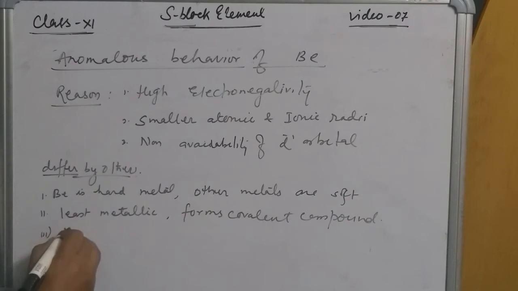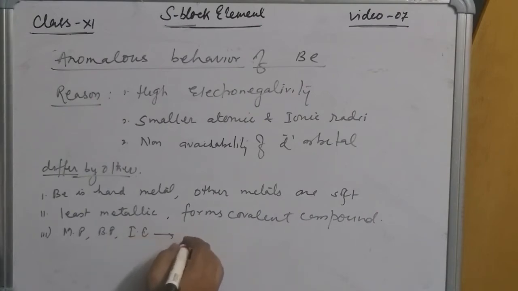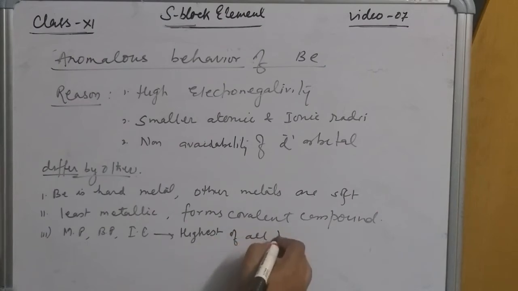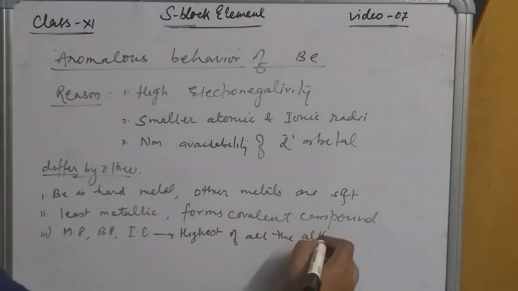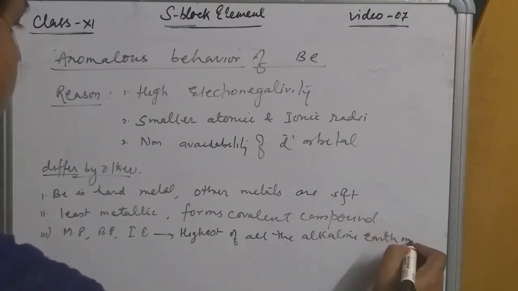Number 3, melting point, boiling point, ionization enthalpy are the highest of all the alkaline earth metals.